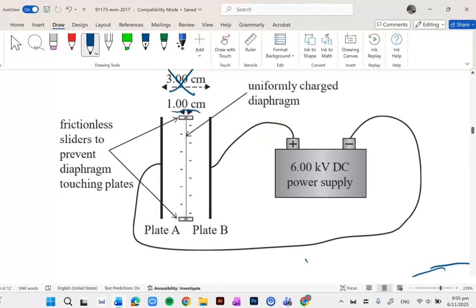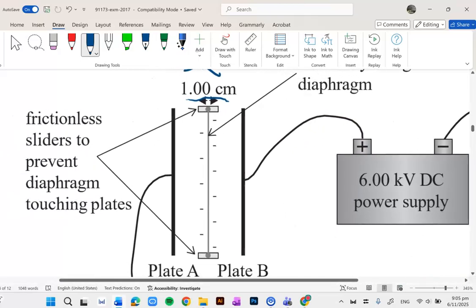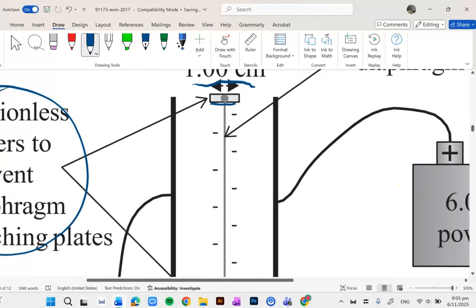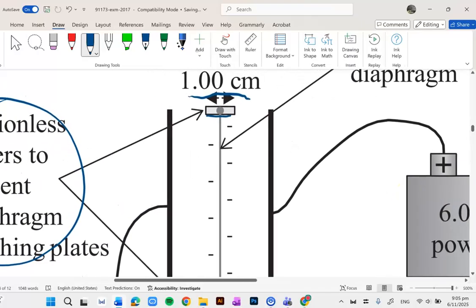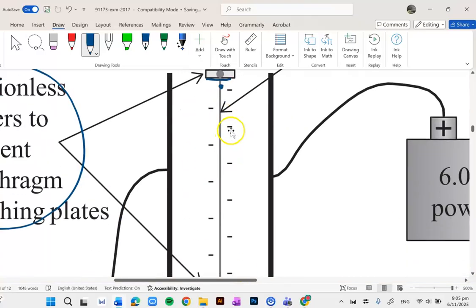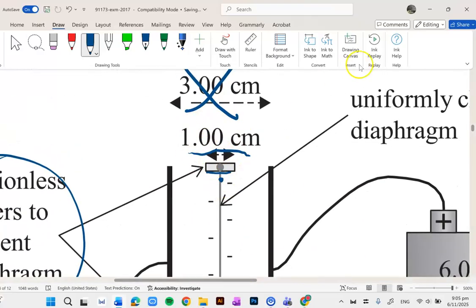So this is the slider here. This box, that's the slider. They've even pointed it out to us here. So pretend your diaphragm starts in the middle. Starts here. Now the whole slider is 1 centimeter, which is 0.01 meters.